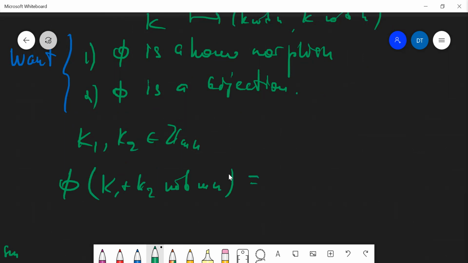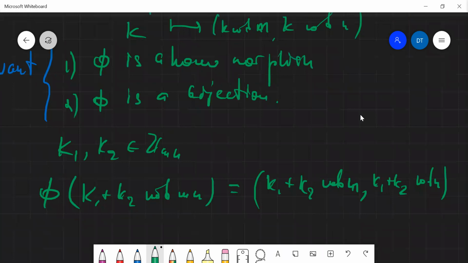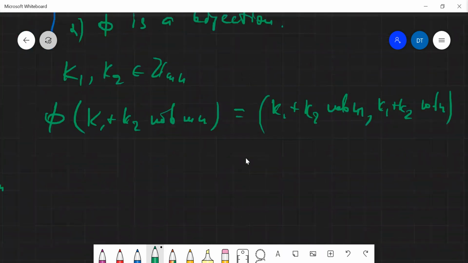By definition, you take k1 plus k2 modulo mn to the element (k1 plus k2 modulo m, k1 plus k2 modulo n). Just take this element and reduce it modulo m, and then reduce it modulo n. This is just by definition of this map.